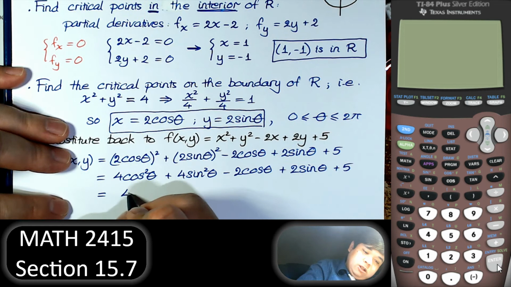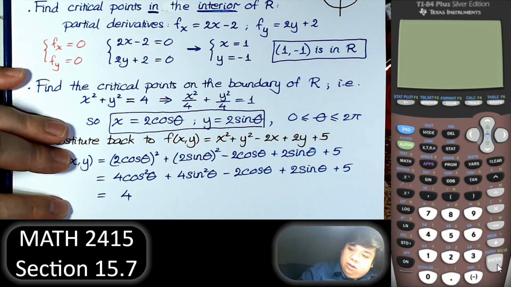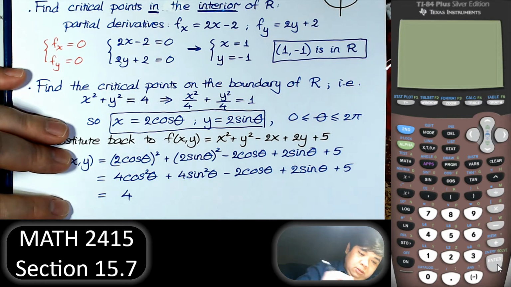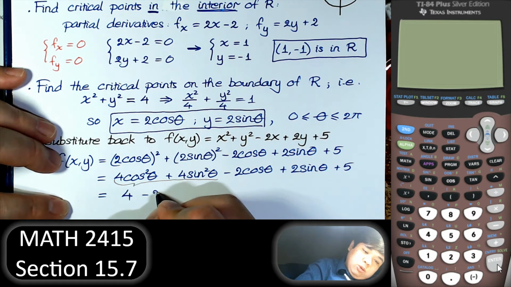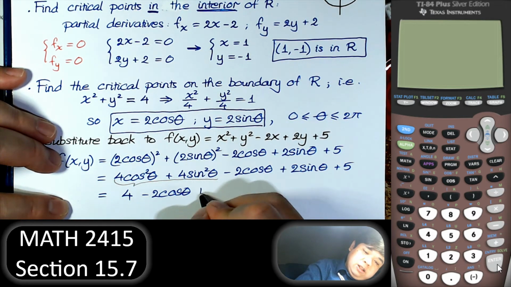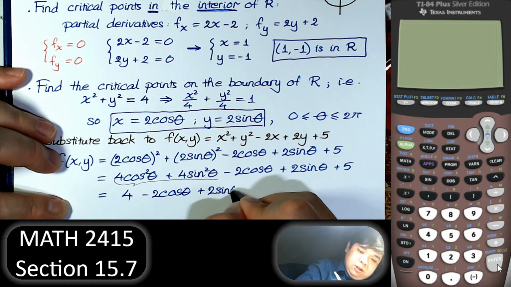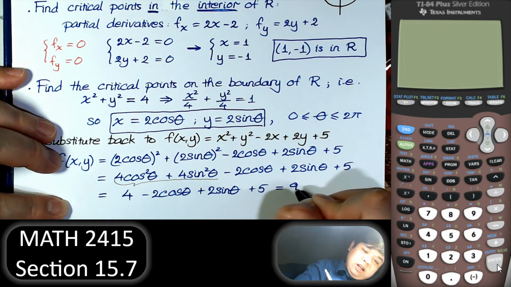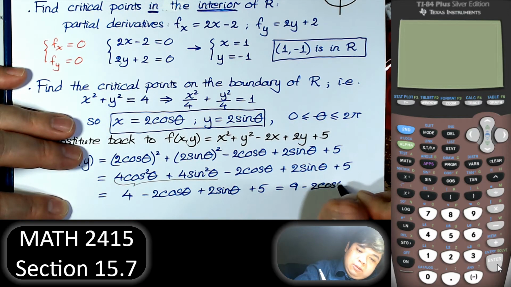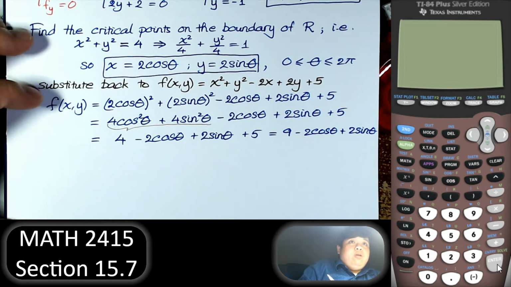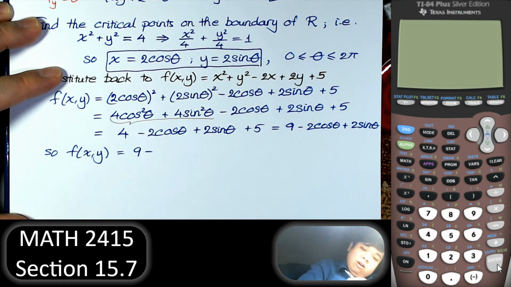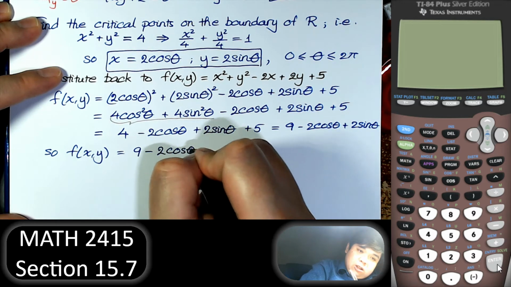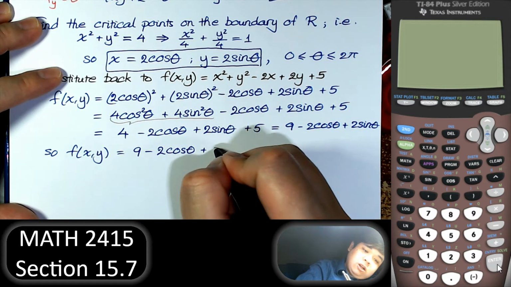So that gives us 4 minus 2 cosine theta plus 2 sine theta plus 5. So that gives us 9 minus 2 cosine plus 2 sine. Alright, so on the boundary we have f(x, y) equal to 9 minus 2 cosine plus 2 sine.